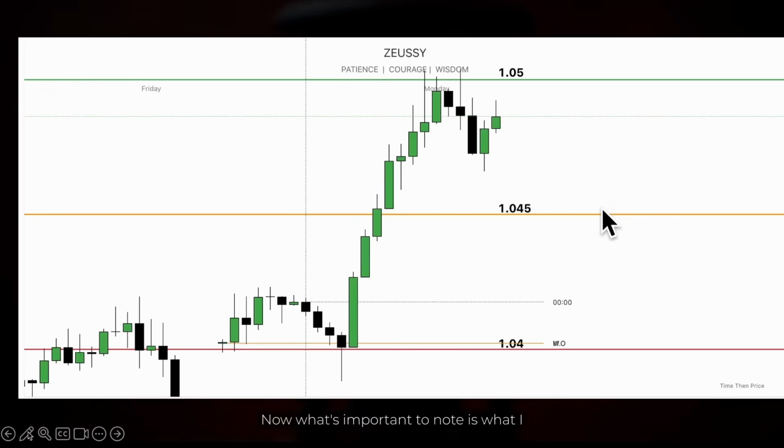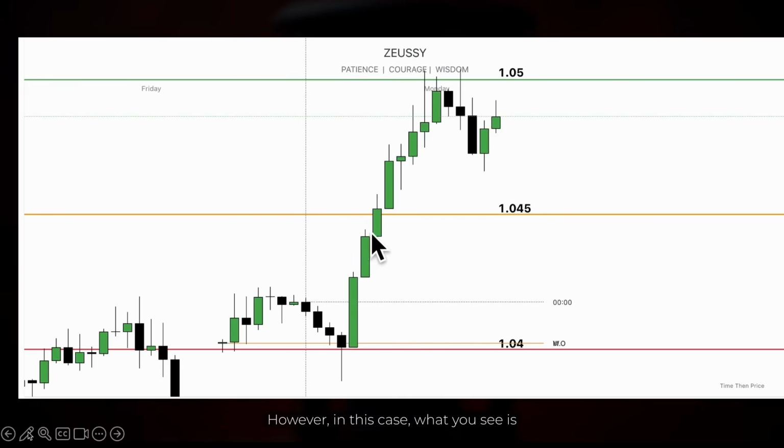Now, what's important to note is what I just outlined to you when it comes to equilibrium. In the previous example, what you saw was that the market didn't displace through the equilibrium price level. Instead, we saw the market reprice through it multiple times, but not really utilize it as resistance on price within that bearish example.